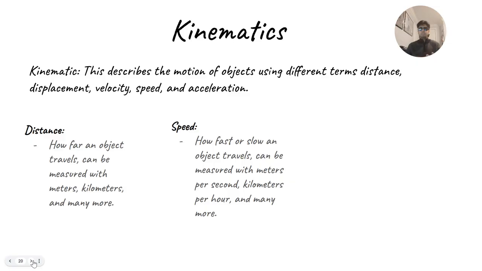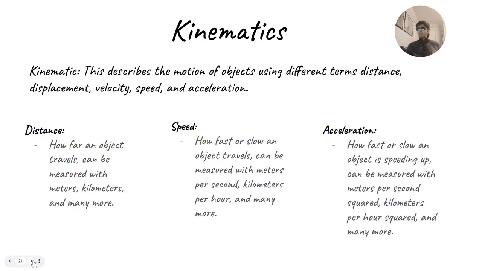It's measured in meters per second, kilometers per hour, and many more. It's essentially the distance divided by the time. And then acceleration is how fast or slow an object is speeding up, and it's measured in meters per second squared, kilometers per hour squared, and so on and so forth. It's essentially the distance divided by time squared.